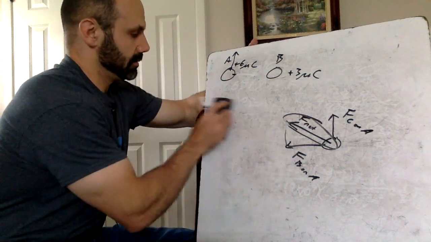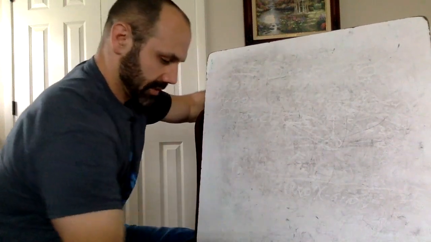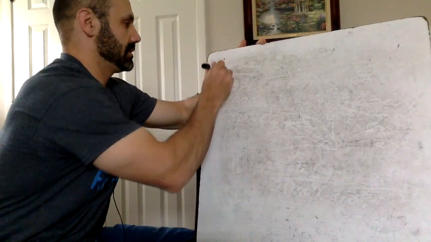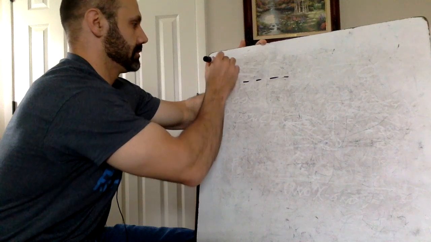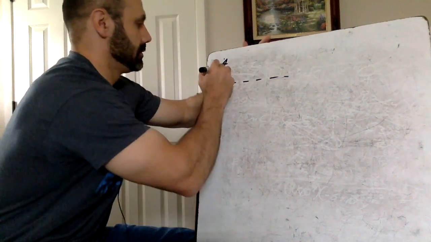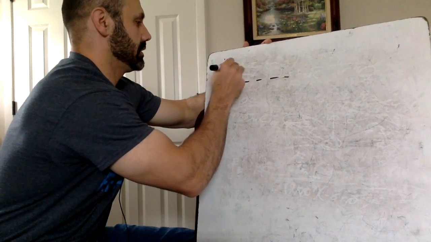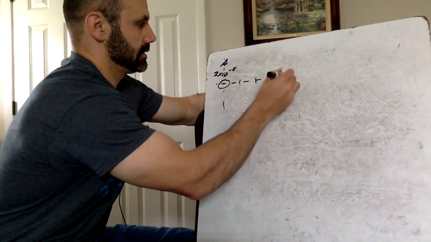All right, number 11. Number 11, they give you a whole setup. You have an axis, and A is at the origin. So here's A, and A has a charge of 2 times 10 to the negative 6 coulombs, and then 2, 4, 6, 8.